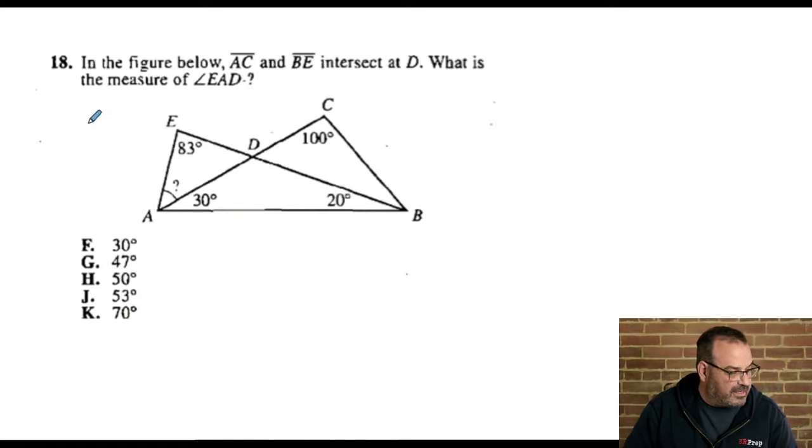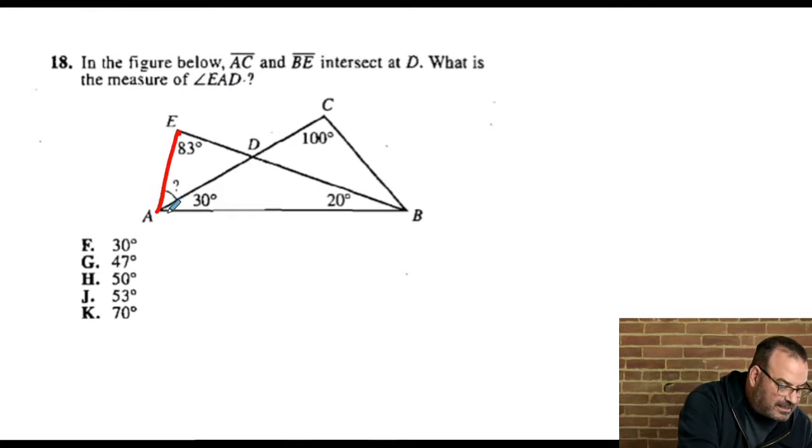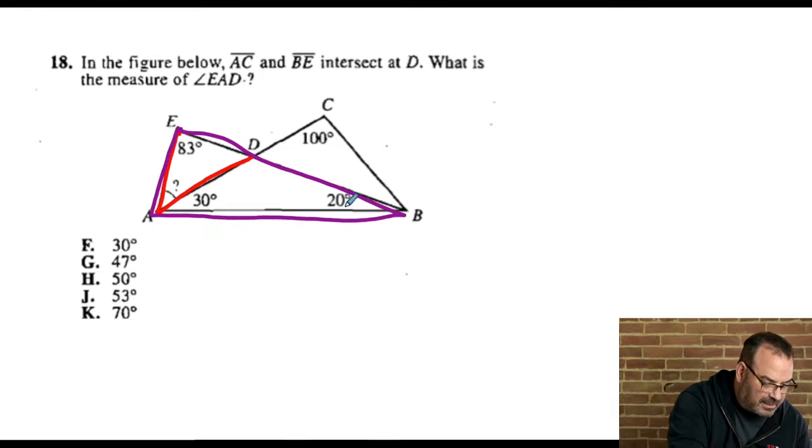Carrying on with triangles. In the figure below, AC and BE intersect at D. What is the measure of EAD? Well, let's see. This bad boy's a triangle. They give me here, in purple, I have a triangle, and I got a 0, a 0, a 3.